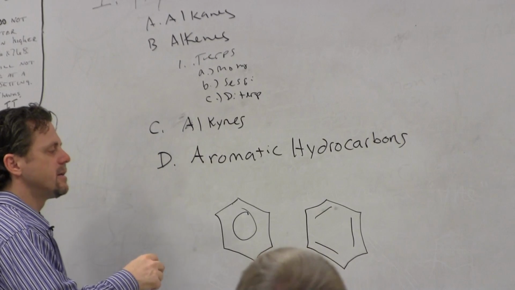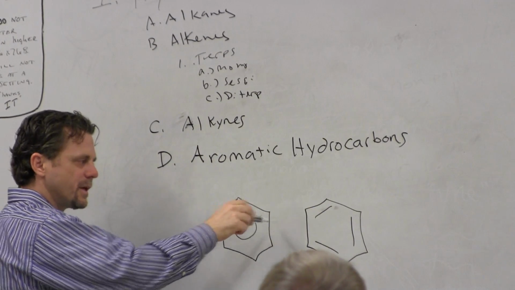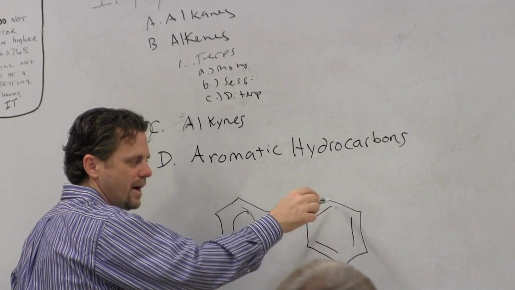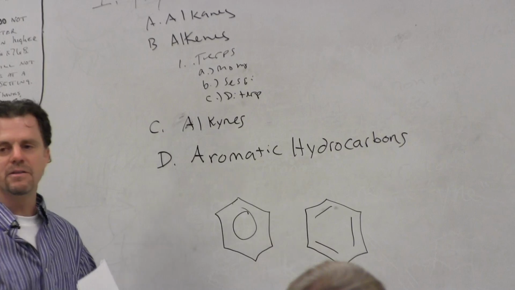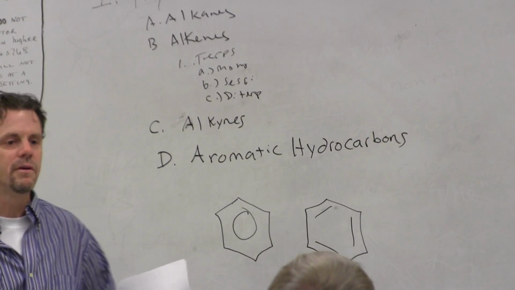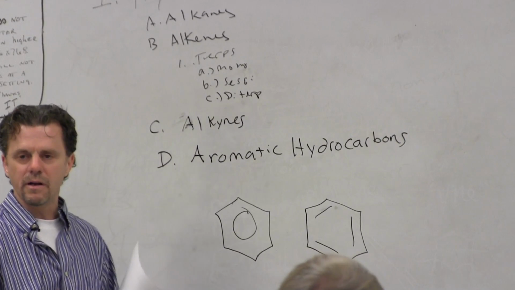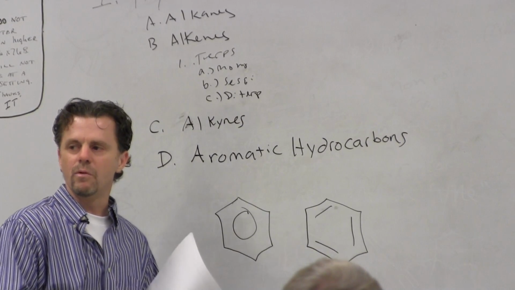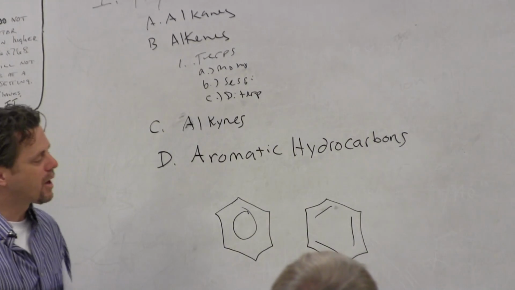And the reason that is, this is benzene, is because when you have this cyclic conjugated planar structure that adheres to Huckel's rule, 4n+2 in the pi electrons, it gives it an extra stability over what a normal multiply double bonded hydrocarbon would be.